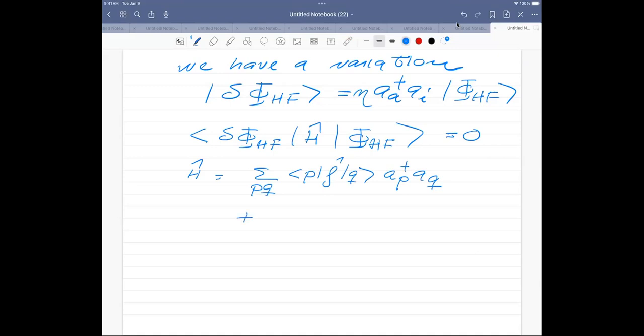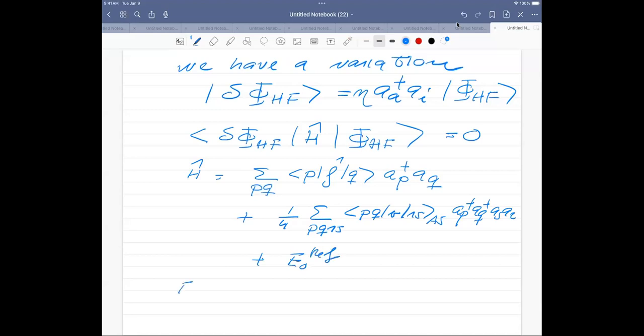And then I have plus, and I have the two-body operator, where I have the sum over P, Q, R, S, and I have the integral, which is given in terms of these anti-symmetrized contributions, or just loosely called matrix elements. a_P^\dagger a_Q^\dagger a_S a_R, and then we have the reference energy, this E0 ref.